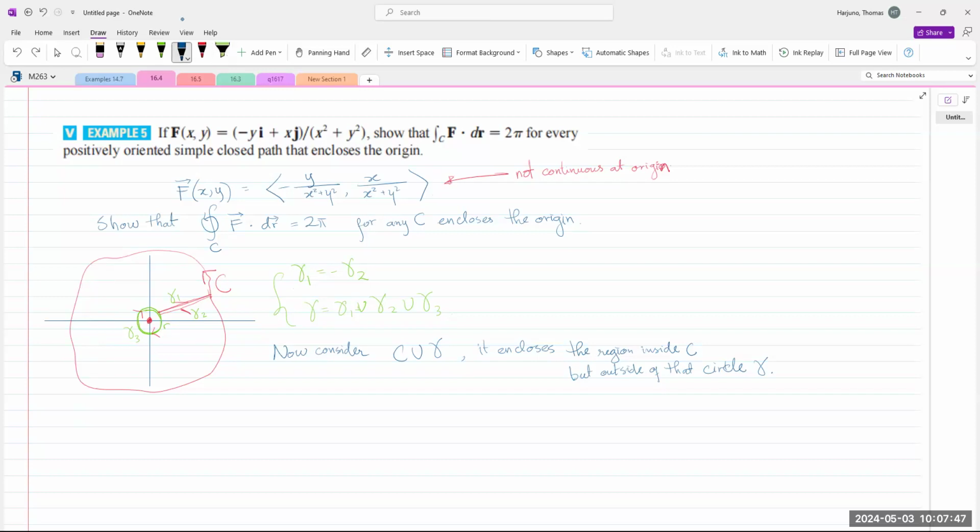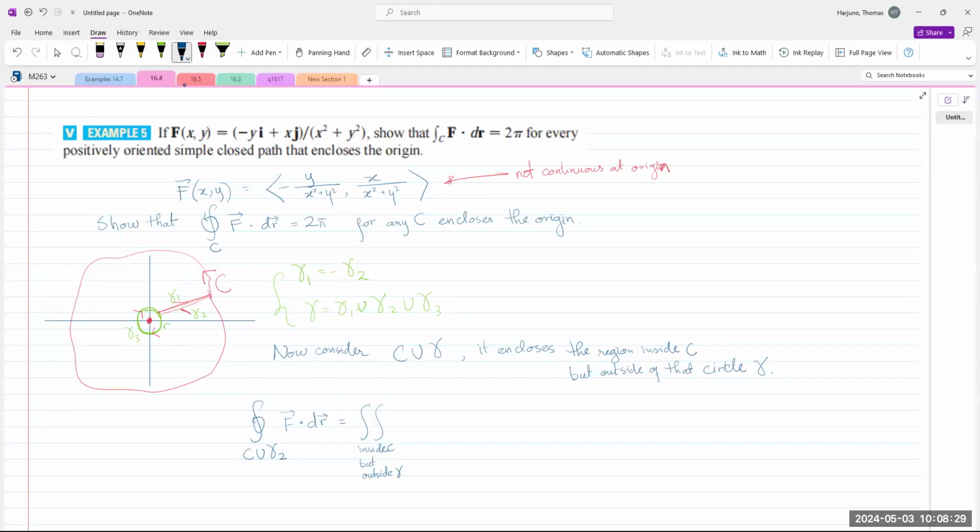Okay, let's say this way: integral over closed curve of C union gamma of f dot dr. My closed curve looks ugly. Of f dot dr is equal to double integral over region inside C but outside gamma, right?